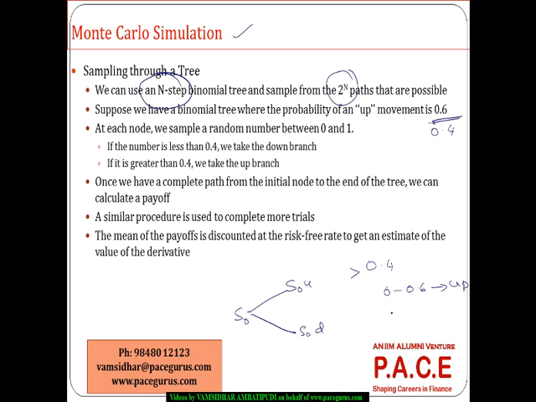And if I am getting 0.6 to 1, I create it as a down. I make the tree either go up or go down accordingly. Like that I get the whole tree up and down, where the probability of going up is something and going down is something.